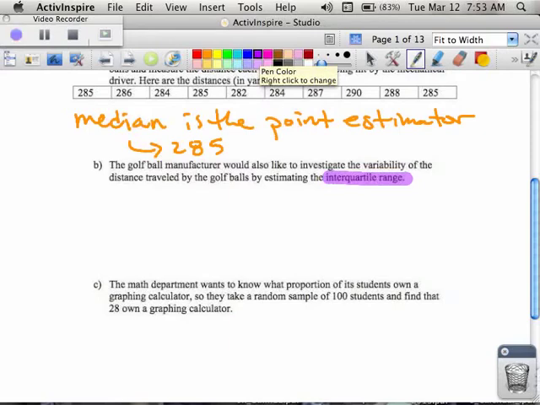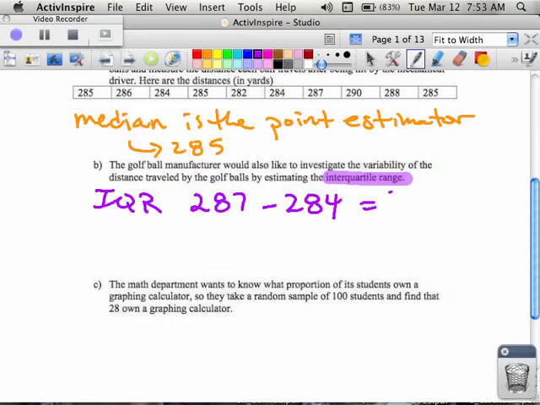In this particular sample, our IQR would be 287 minus 284, which is a total of 3 yards. This was Q3, and if you line them up from small to big, this is Q1. So look for the keywords in the sentence as they ask what they want. If they tell you interquartile range, you do interquartile range. If they tell you median, you do median.